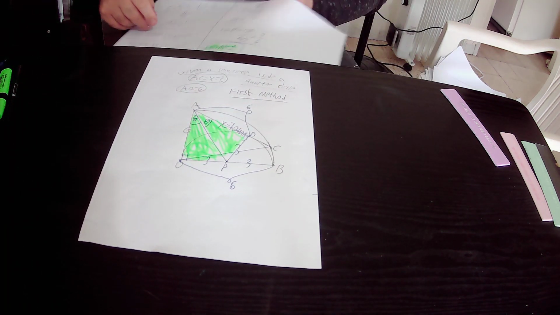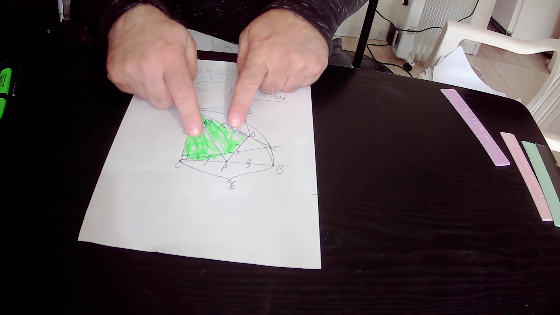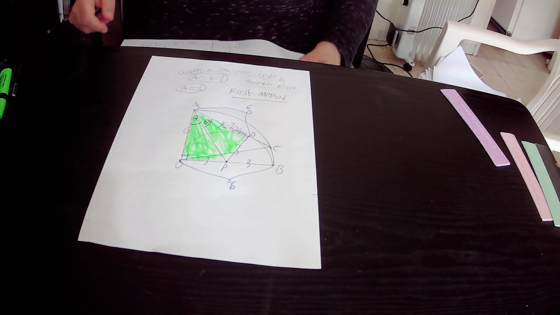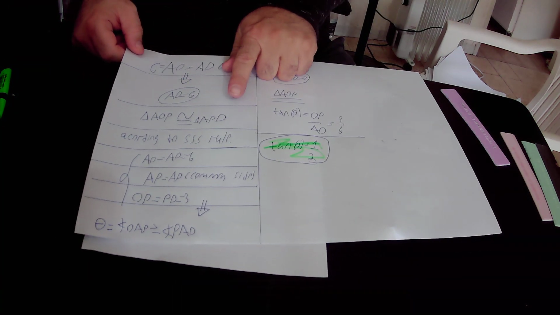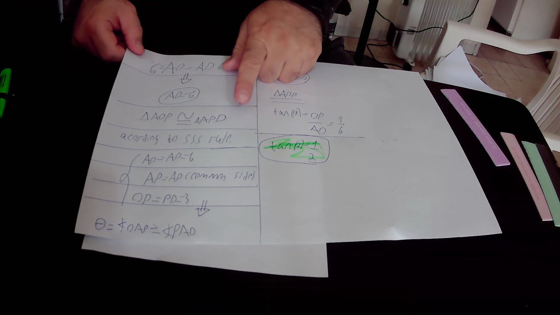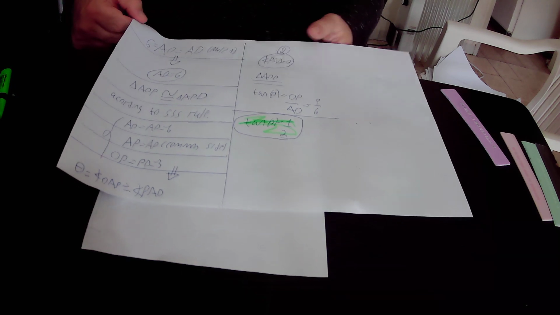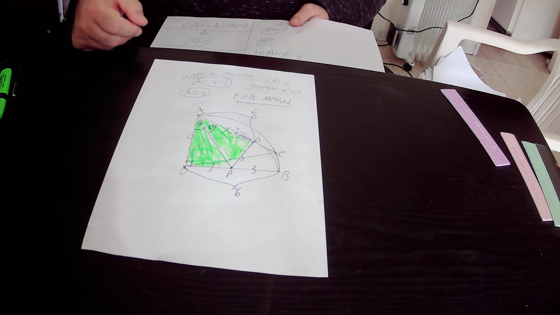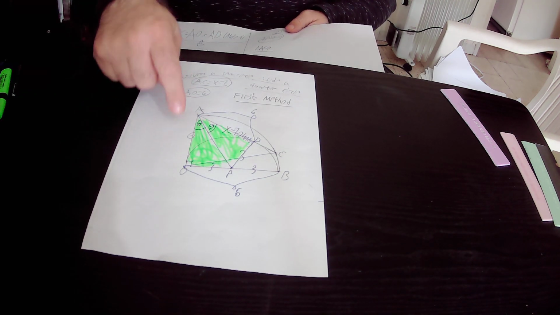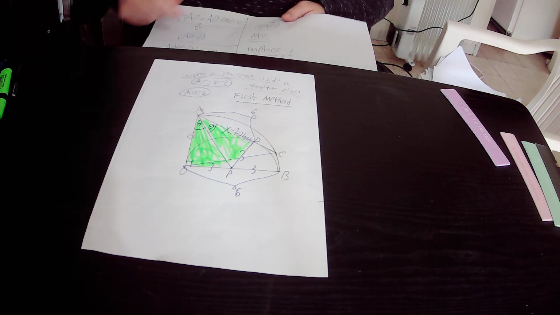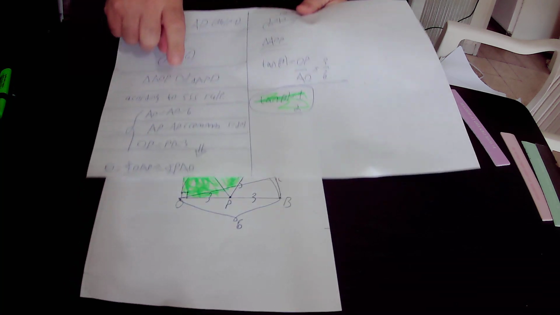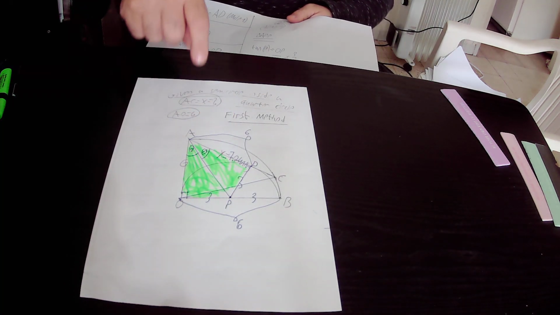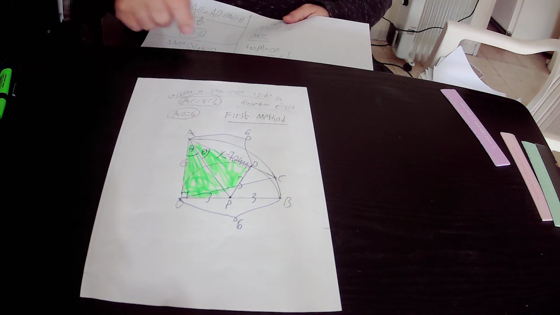In the next step we prove that those two right triangles are congruent according to the side rule. Triangle AOP is congruent to triangle APD according to the side rule. So why are they congruent? First of all, AO equals AD equals 6 units according to rule number 1. AP is the common side that belongs to both triangles, so AP equals itself.